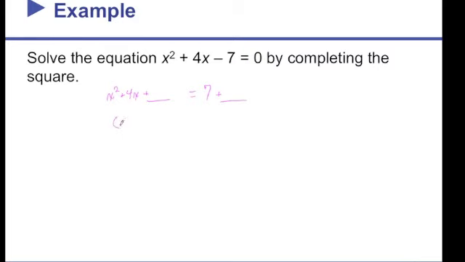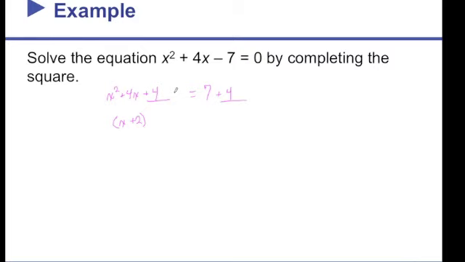In getting ready to factor that, we take half of this coefficient of x. So half of 4 is 2, and that's a positive. So this is a positive 2. I square that to get 4, and I add that 4 to both sides.